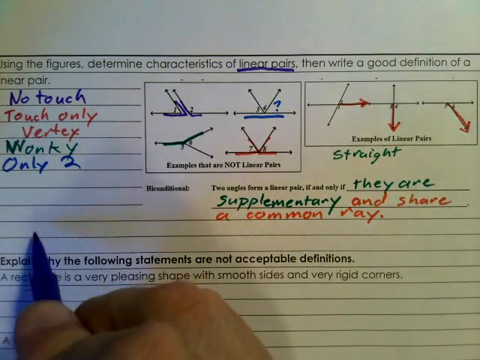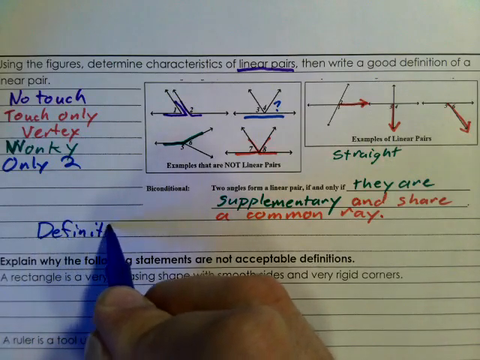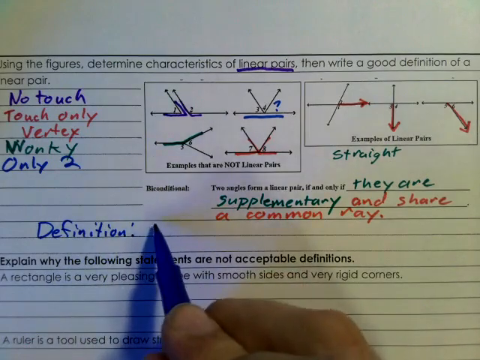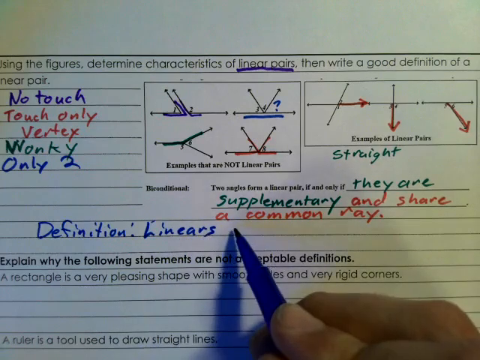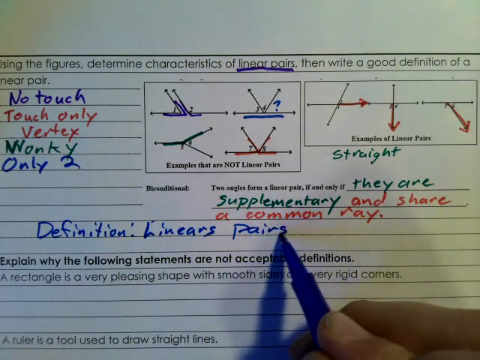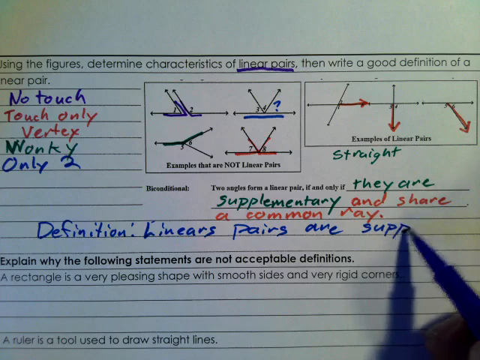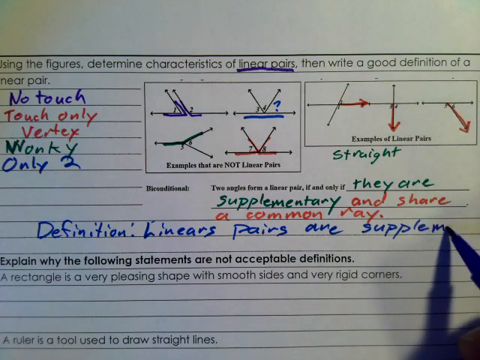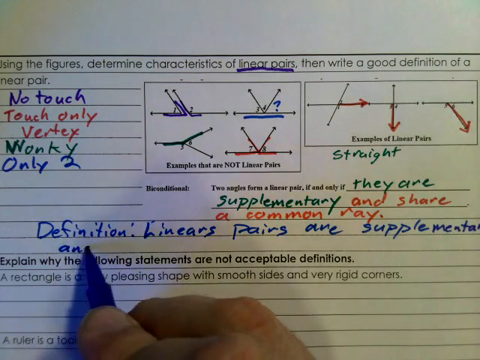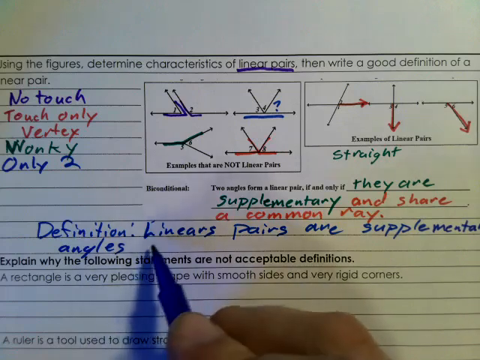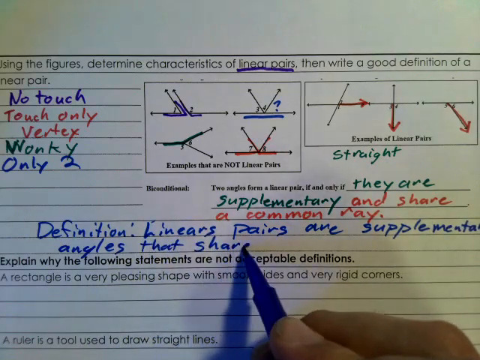If we wanted to write the definition form, we could say linear pairs are supplementary angles that share a common ray.